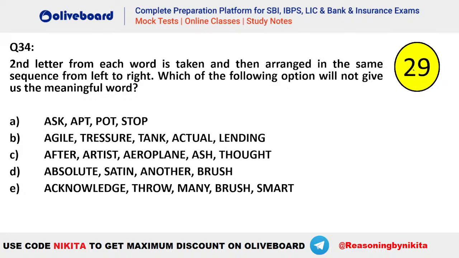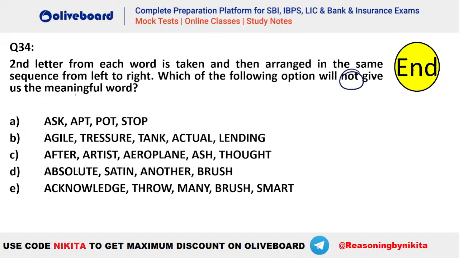Read the question carefully, Shravani. Devi says D. Chalo. So see what the question is. The question is not about which of the following will give us a meaningful word. It is which of the following will not give us a meaningful word. Okay, be careful.